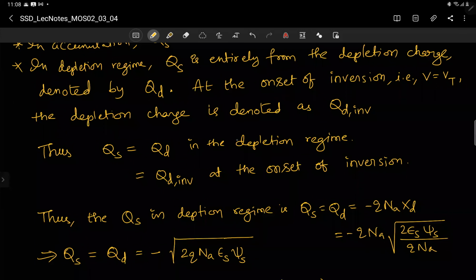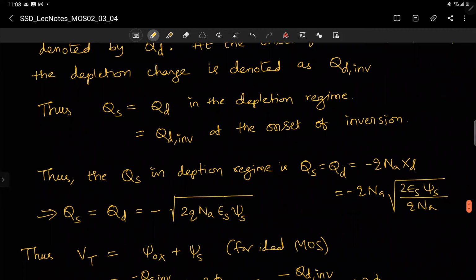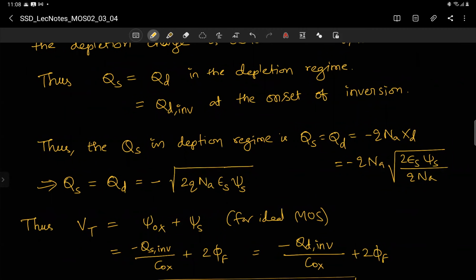So thus Qs in the depletion regime, and this kind of relation, minus q NA XD, is actually correct only if it is depletion charge, right? Because I just multiplied the background charge concentration q NA, which is in per centimeter cube, with distance, which is in centimeter. All the charges and capacitances that we deal with in this course are in units of per centimeter square.